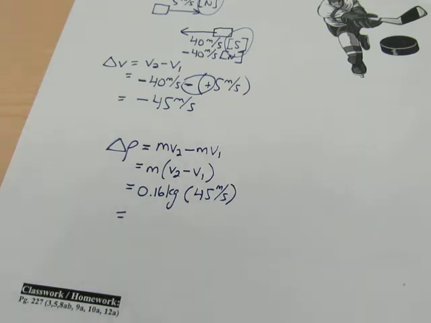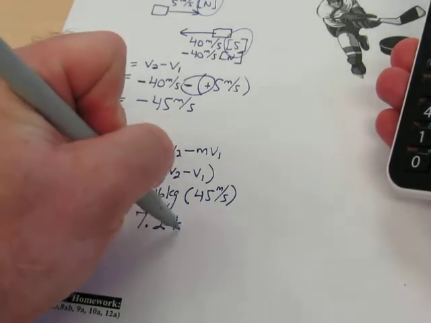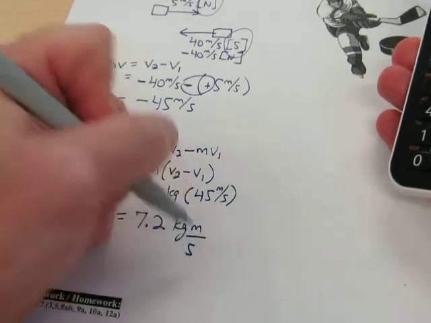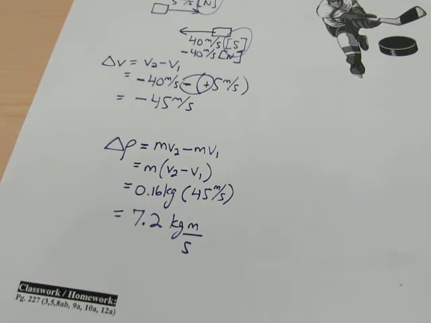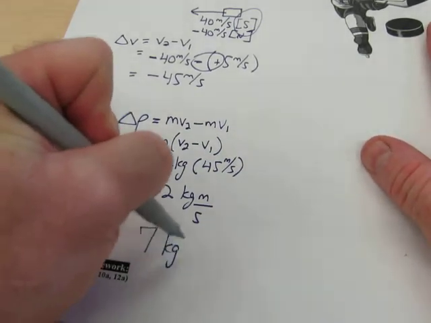So the numerical value here is the multiplication of these two numbers, not what you might have had as rough notes. You get 7.2 kilogram meter per second. If you look at the significant digits at the top of the question, if you're interested, 40 meters a second is one significant digit, so you would have to report that as 7 kilogram meter seconds.